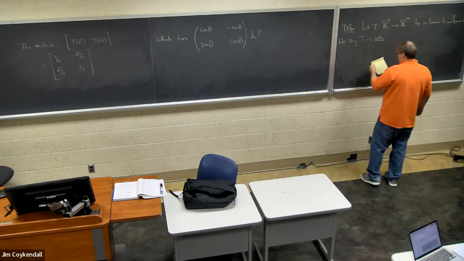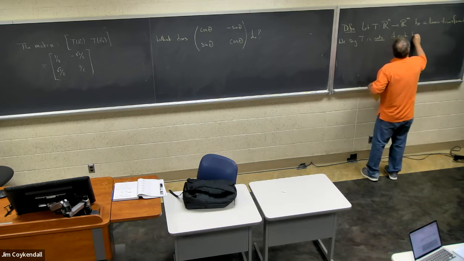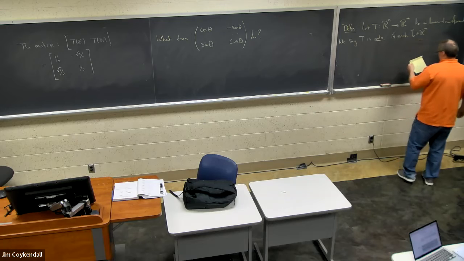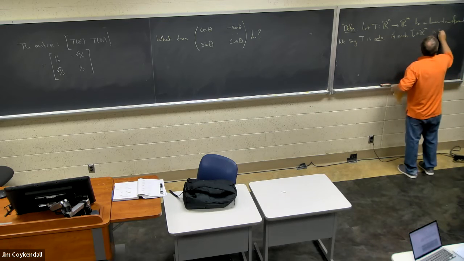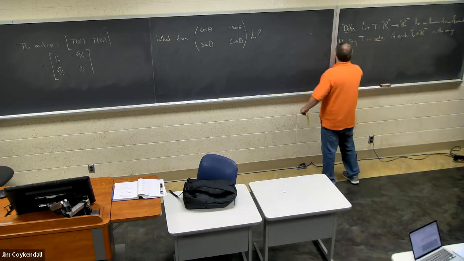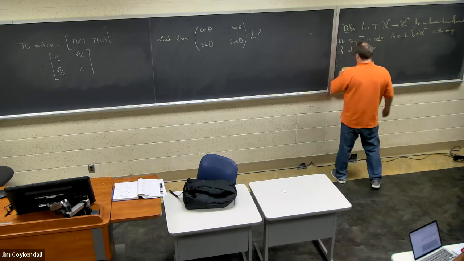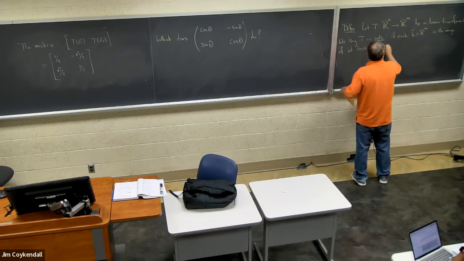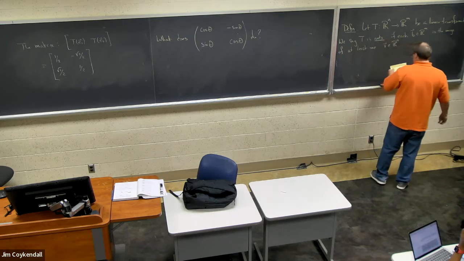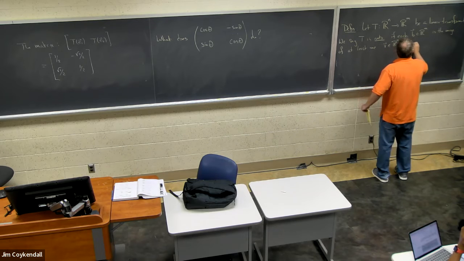So what this means is, if each b in Rm is the image of at least one x in Rn. That is to say, T of x equals b.